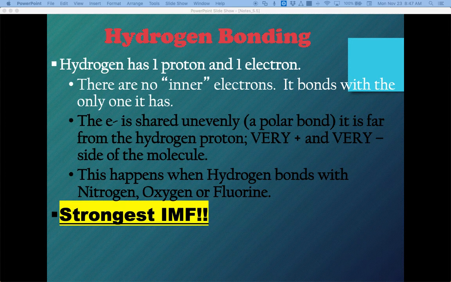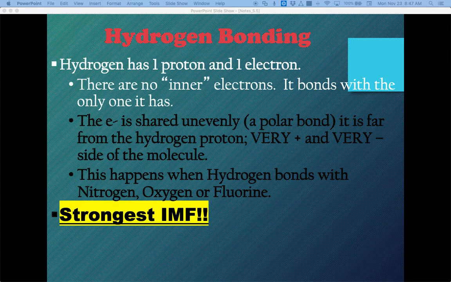And so when hydrogen is shared unevenly, when hydrogen is involved in a polar bond, that electron is really, really far away from the nucleus. And so basically, for hydrogen, that one electron is all that it has to wear. And when it is involved in a polar bond, it's like that person is taking their clothes away.